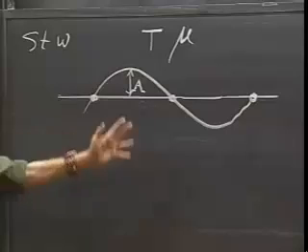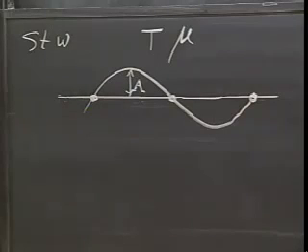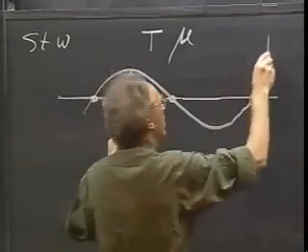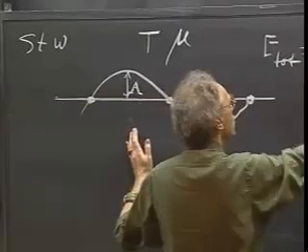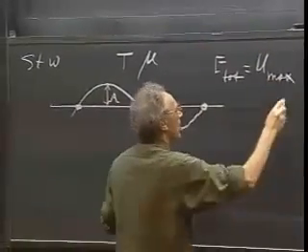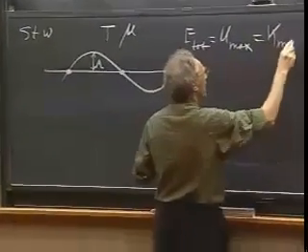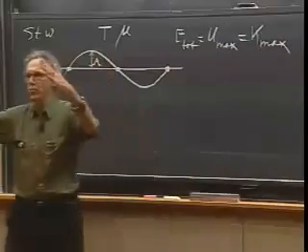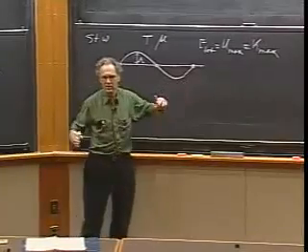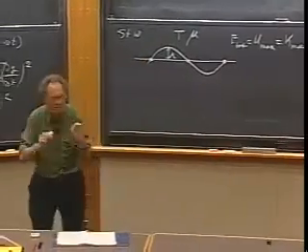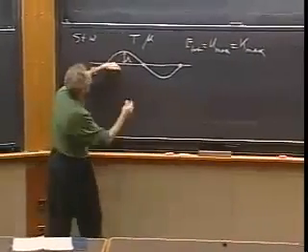Well, at this moment in time, when it comes to a halt, there is no kinetic energy, there is no movement in the y direction. So the total energy that is in the wave, per wavelength, is the same as U maximum. But of course it's also the same as K maximum. When the string goes through its equilibrium, when the string is straight, then you have the highest velocity. This comes down, has a velocity in this direction.